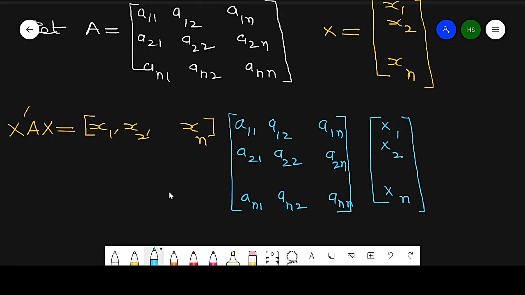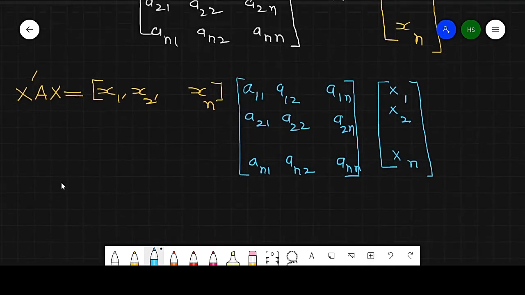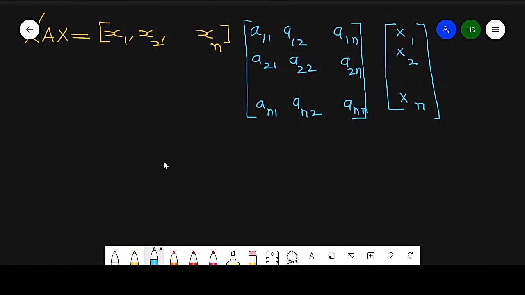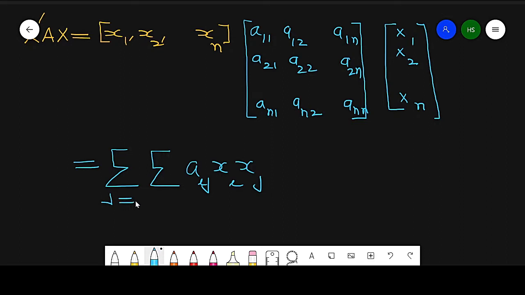In order to simplify this product, it is very easy to prove that it can be written as the double summation of aij xi xj, where j is running from 1 to n and i is running from 1 to n.